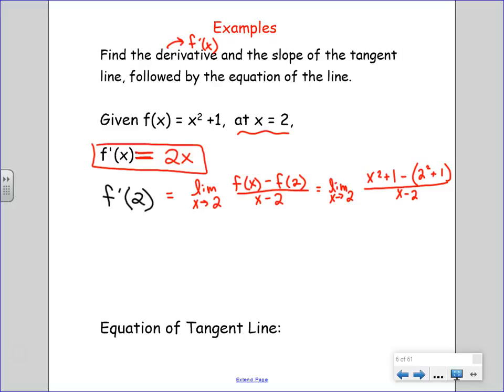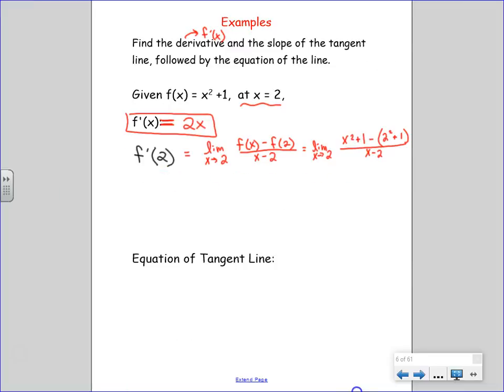We're plugging in stuff. And then when we go to simplify, we end up with the limit as x approaches 2 of x squared plus 1 minus 5 all over x minus 2. Nothing is canceled out yet, but can I keep going? What's 1 minus 5? Minus 4. Hey, why do we like that?